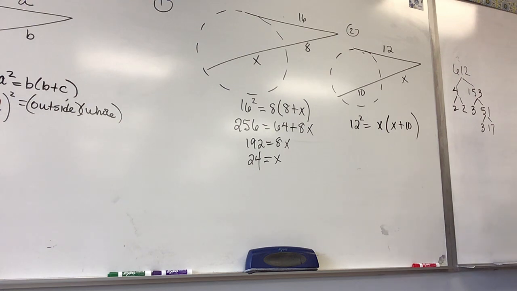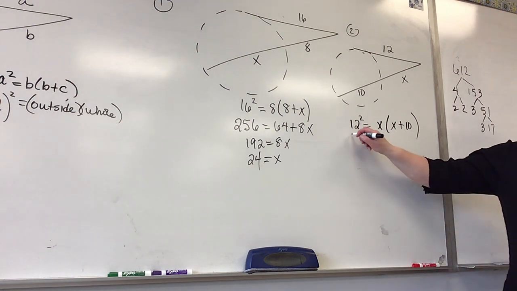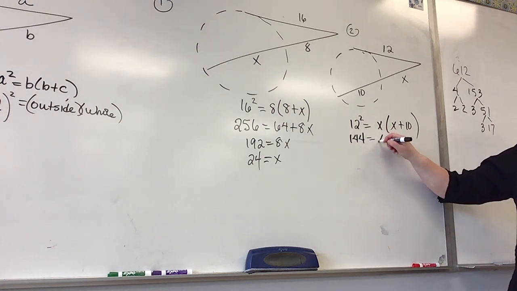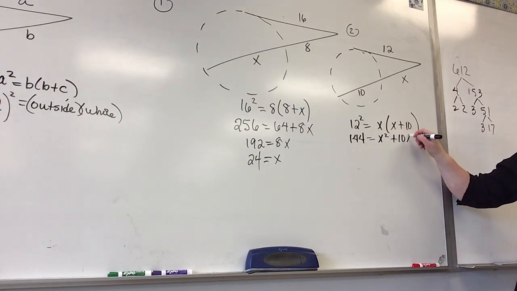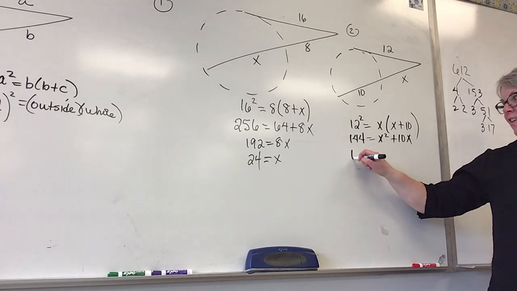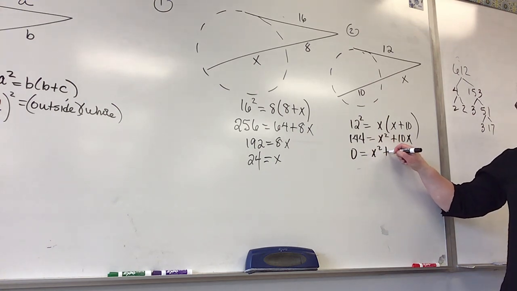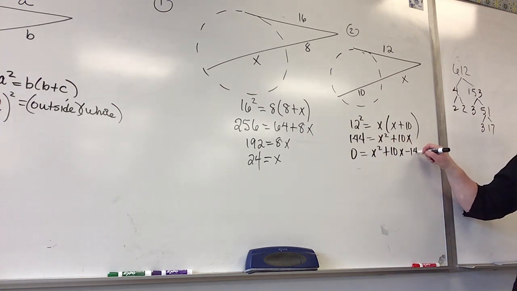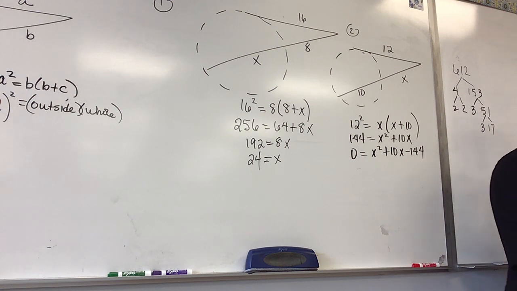Excellent job. 144 equals x squared plus 10x. And you go, yahoo! I saw that, yeah. What do you have to do? 0 equals x squared plus 10x minus 144.